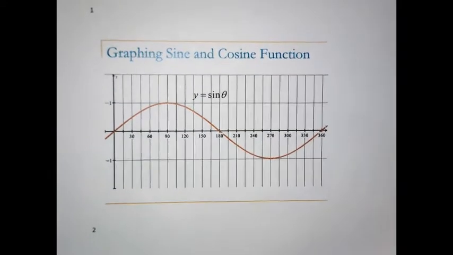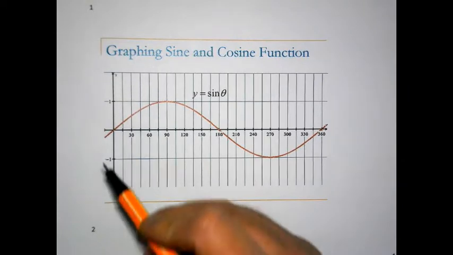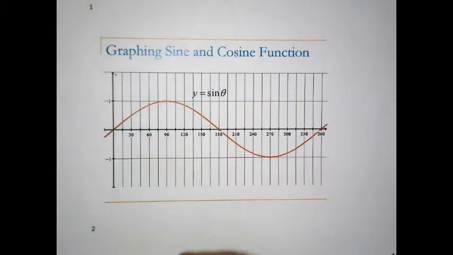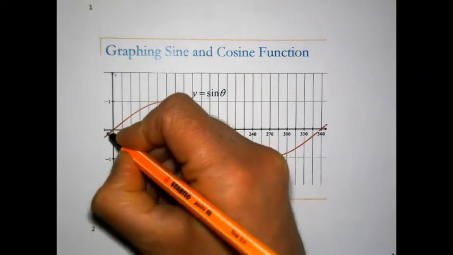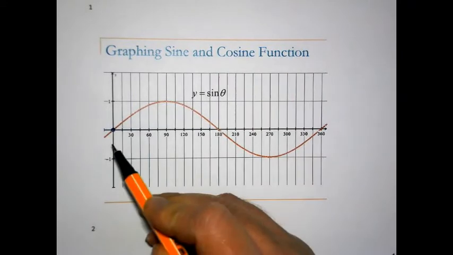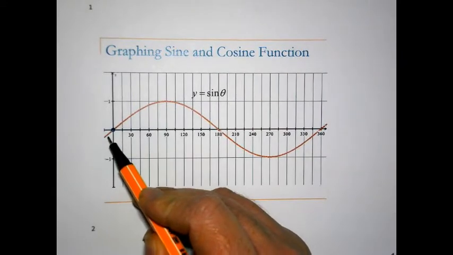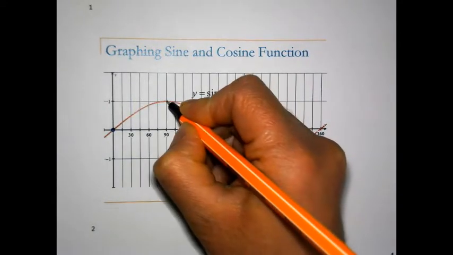We are going to start by looking at the graph of sine theta. As you can see, the graph of sine theta starts here from 0, 0, and goes all the way to 90 degrees.